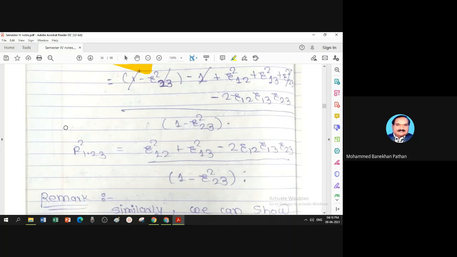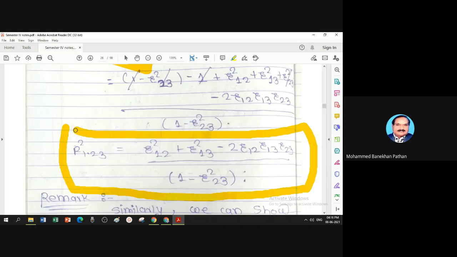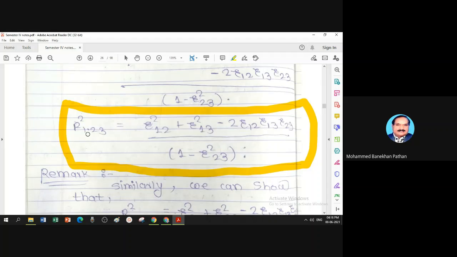How to remember this expression? There may be an MCQ on this expression, so I will give a hint to remember. R square 1.23 equals the correlation as a combination of before dot with after dot: R12 square plus R13 square minus 2 times the product of all.